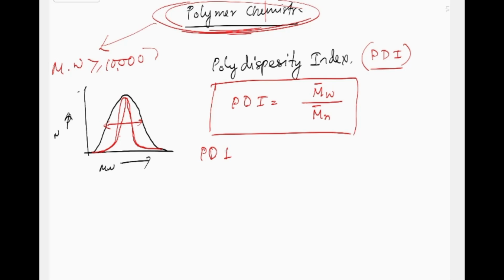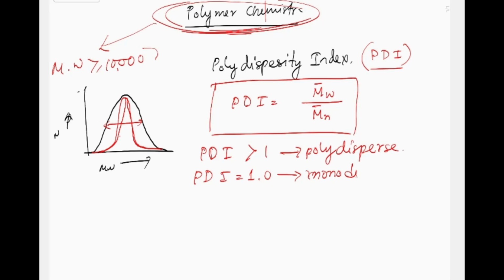Now, if PDI is greater than 1, this is called a polydisperse sample. The polydispersity is there, right? If PDI is equal to 1, then this is monodisperse. If PDI is 1, then it is the ideal situation, right?